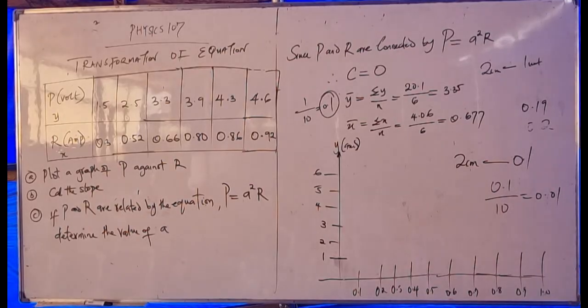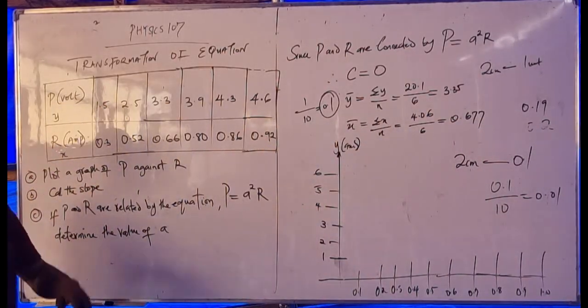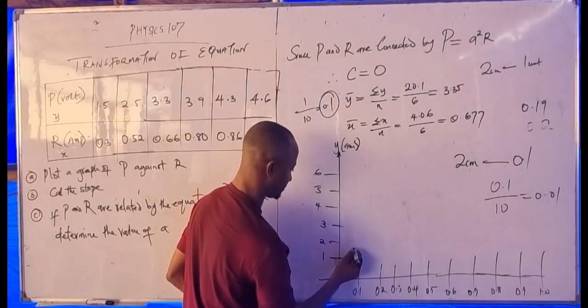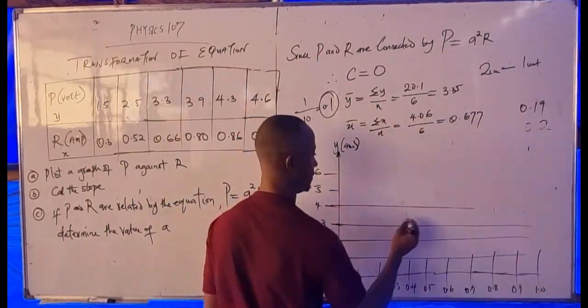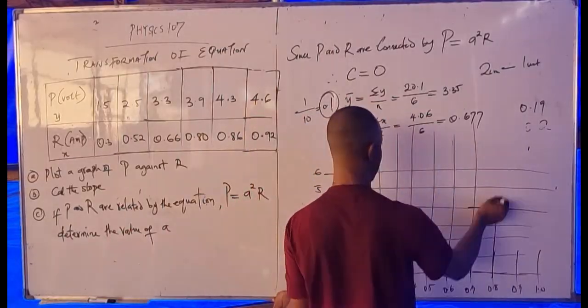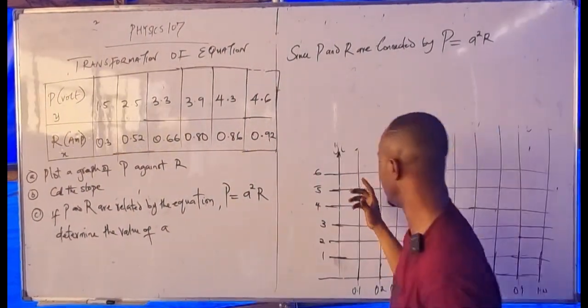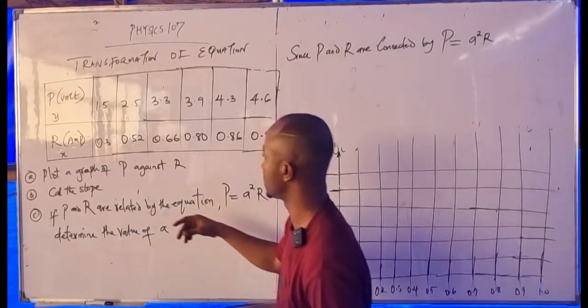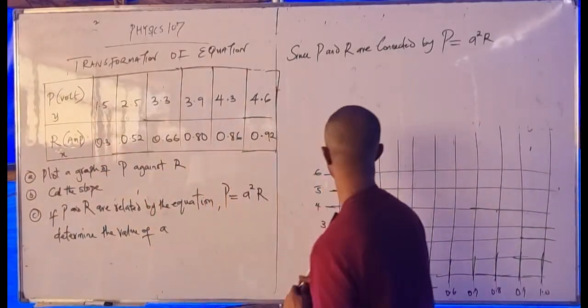So do that for me from your graph, or let's do it together. 0.3 against 1.5 is here, right? Well, let me just draw my line. Okay, look at this now. Let's find our point on the graph. 0.3 against our Y, 1.5.